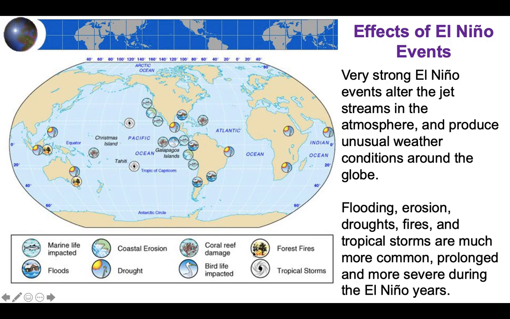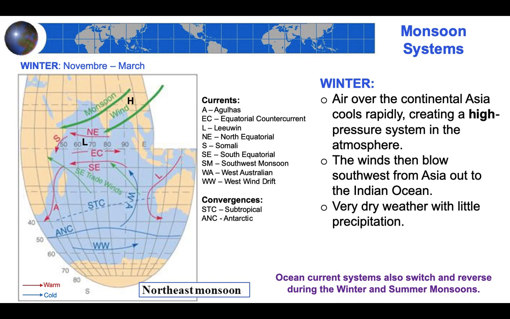And tropical fires usually follow these kinds of extremely dry seasons. Bird lives are impacted in wetlands, and strong coastal erosion can take place when you have the warm water piling up against the continental shoreline and cause an enormous amount of erosion and weathering. So El Nino could be extremely damaging both in the oceans and on the continents.